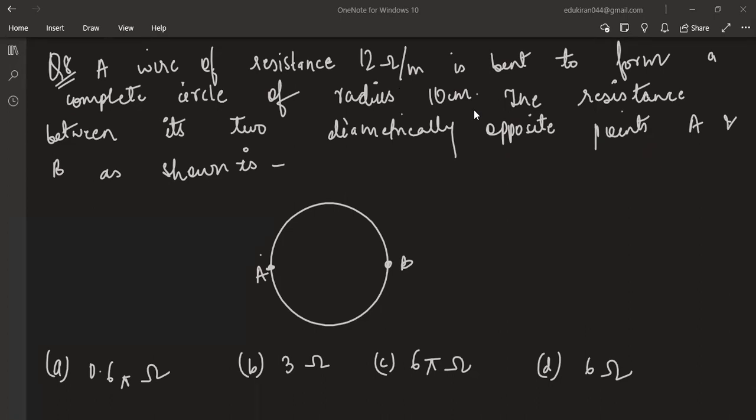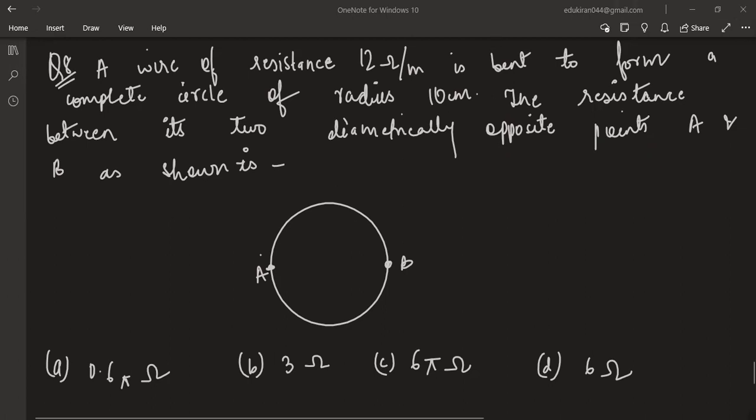See, when this is given, don't think this is in the form of a circle. It is given to you in the form of a circle, but can we solve it in the form of a circle? No, we have to solve it in the manner we are habituated. So when it says 12 ohm per meter, in 1 meter it's 12 ohm. We have to find out what is the resistance of the wire.